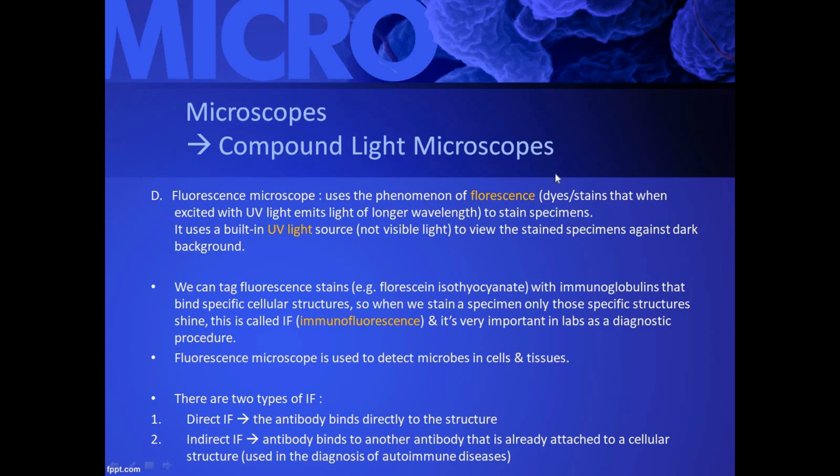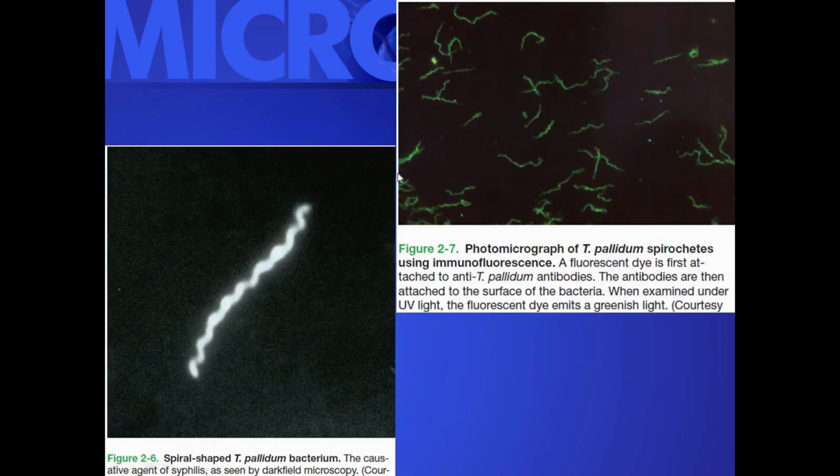These are called stains or dyes, and we use them to stain specimens. So they use ultraviolet light instead of visible light as the source of illumination, and they view stained specimens against a dark background. So these are the same Treponema pallidum species, but they appear green on a dark background.